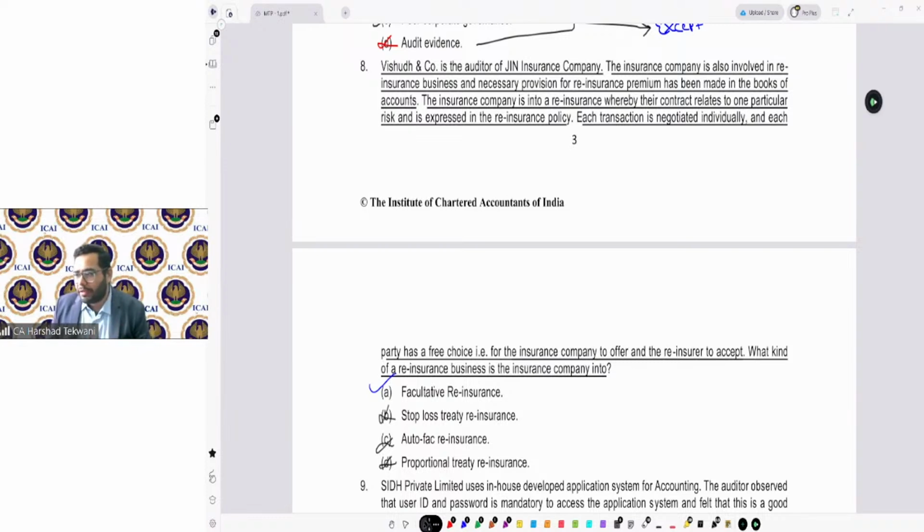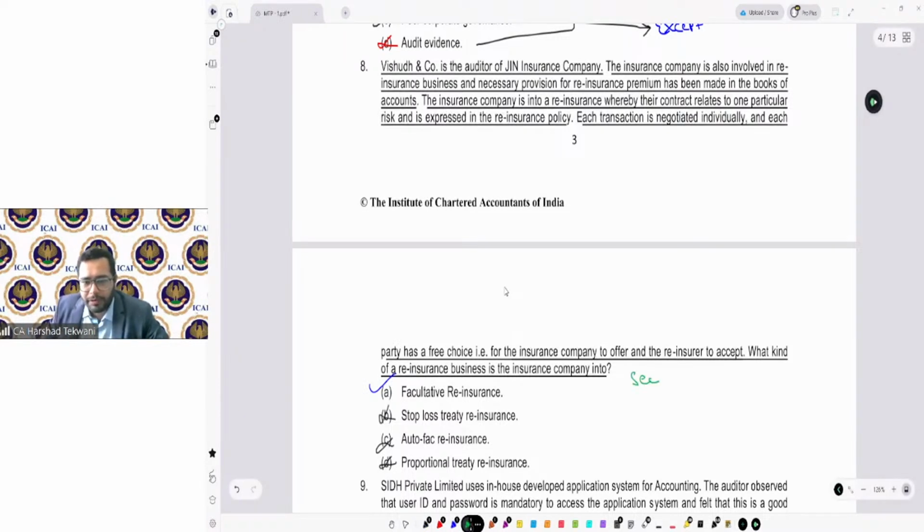What does facultative mean? It means the reinsurance of a part of or a single policy in which the cession is negotiated separately, and the reinsurer and insurer have the option of accepting or declining each individual submission. That is the definition which is given in the regulation. So based on the definition, this will be the answer.